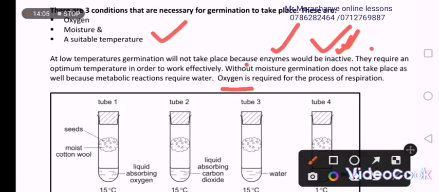The other seeds we soaked and boiled in water for 5 minutes, because we wanted to kill the cells so that they would not germinate. We wanted to test whether germinating seeds produce heat energy. Germinating seeds release heat energy. So oxygen is needed by seeds so that they can germinate and release energy, which is necessary for the process of germination.